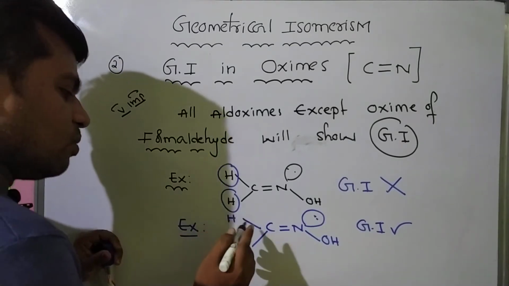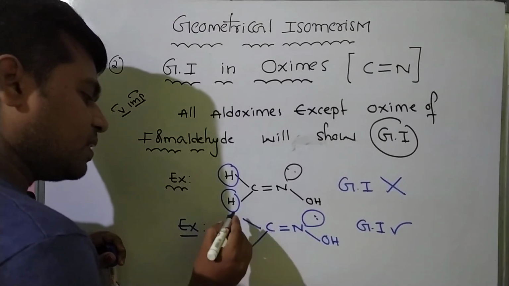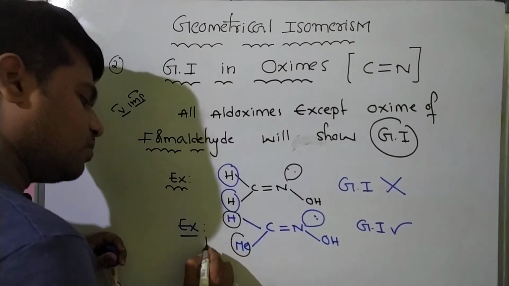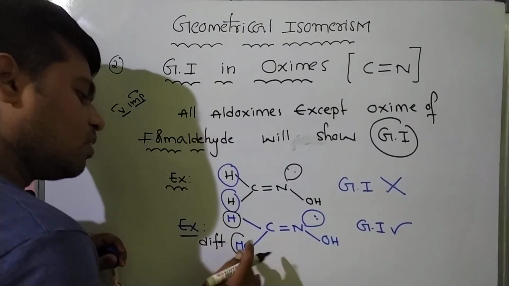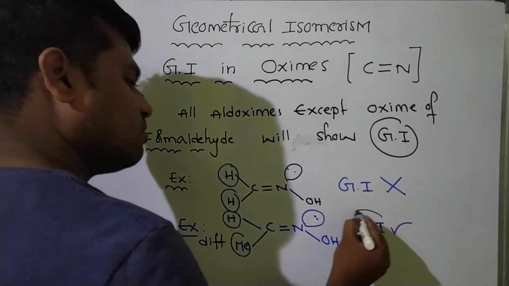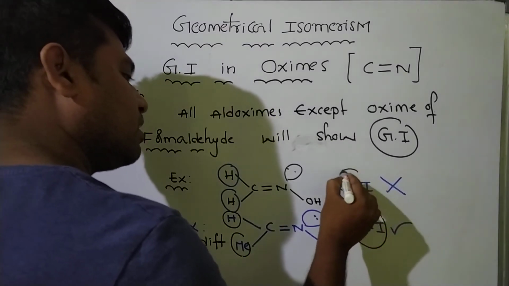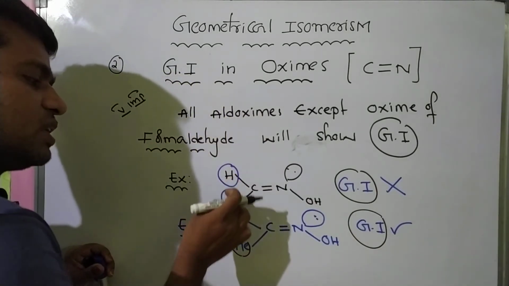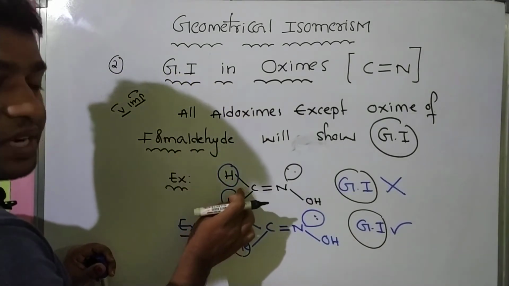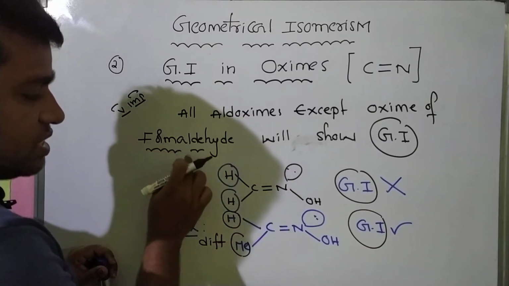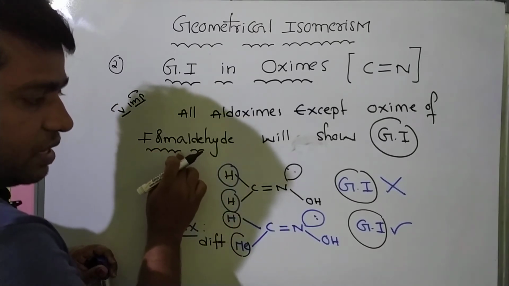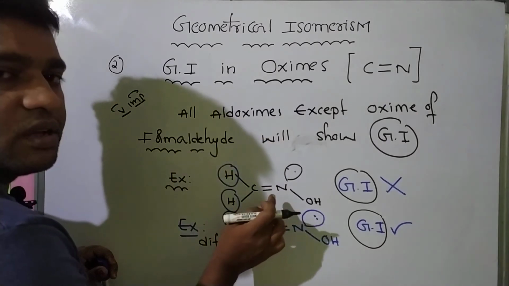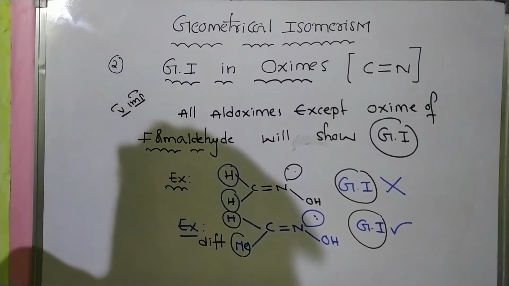The groups bonded to the carbon are different, hydrogen and methyl. So definitely this molecule will give geometrical isomerism. But the previous molecule does not show geometrical isomerism because its two groups are the same. This is very, very important for JEE and NEET. The aldoxime coming from formaldehyde will not show geometrical isomerism. Okay, please note.